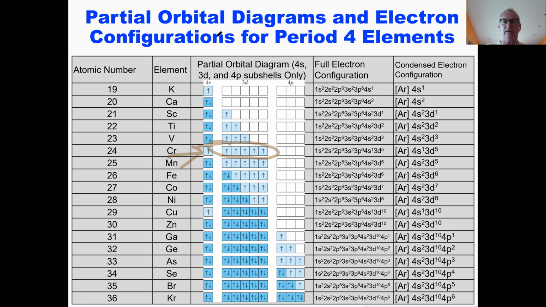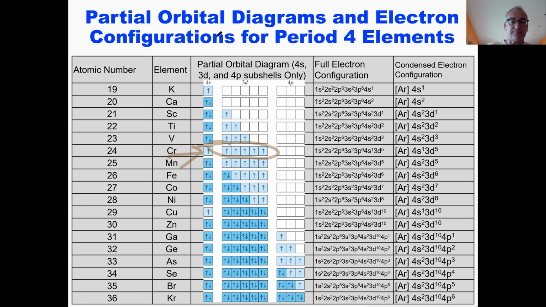And so, yes, Nicholas. So is this the same thing that's happening with copper? Exactly. With chromium, it gains a small bit of stability by half filling that d subshell.